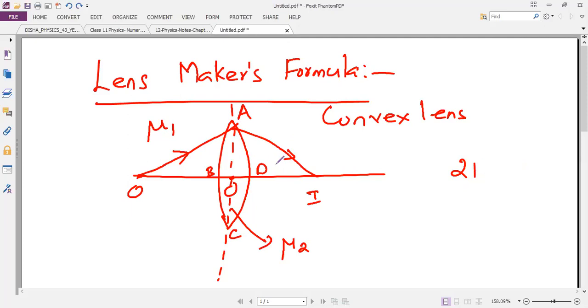For the calculation purpose, R and F are both the same only. But I will take C at this point. So this is C2.